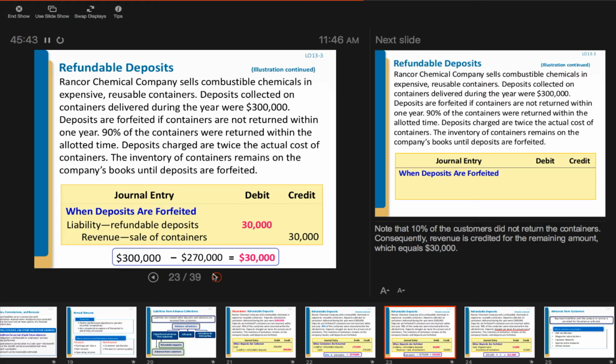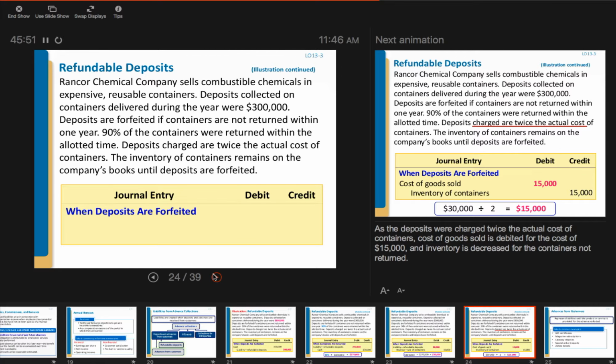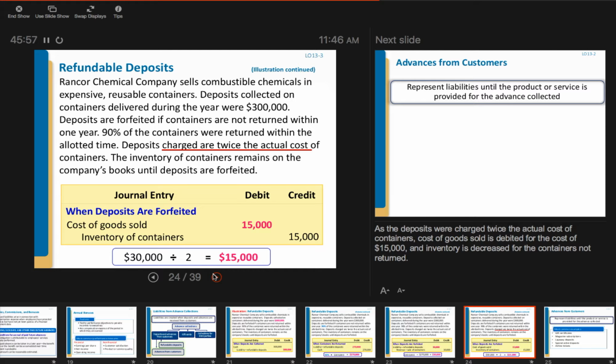And then when you compare revenue to cost of goods sold, that gives you your gross profit. Okay? So, again, when this turned into a sale because of the forfeit, we still had this other side of the journal entry to do to be able to track that in our cost of goods sold and remove it from our inventory. Okay?